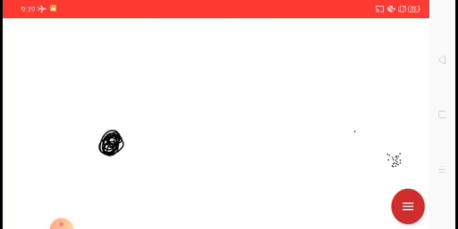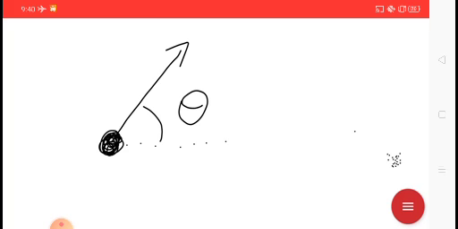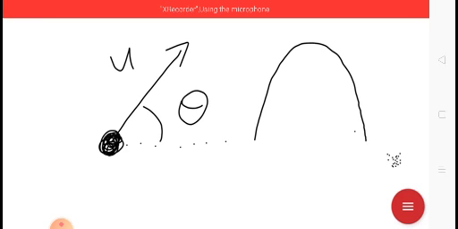When we talk about projectile motion, we launch with a certain angle, theta, and an initial speed u. So when we talk about a projectile, most probably this item will move in a parabola shape of motion. Maybe you can say it's a quadratic motion.